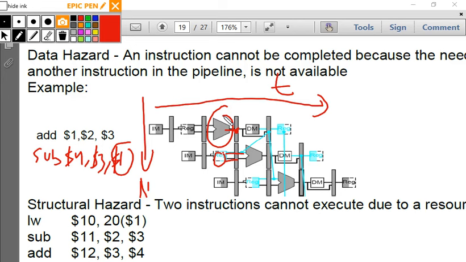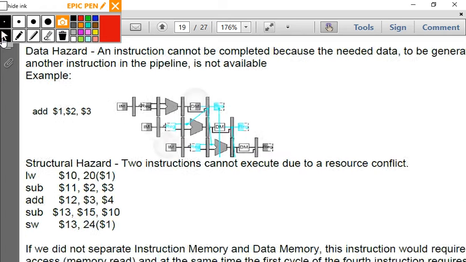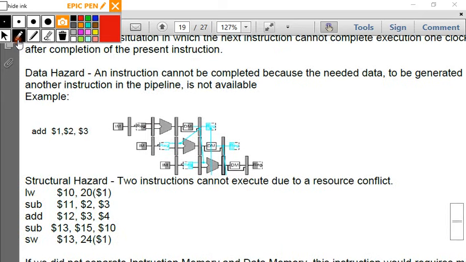So what am I actually getting out of the registers? What value of 1 am I getting? The old value. That's it. You're getting the old value out, so you're not having a consistent amount of data. So by looking at this definition, the instruction cannot be completed because the needed data was updated in the previous instruction and is not yet available, meaning it has not been put back into the register.